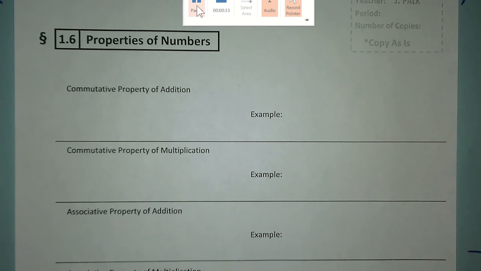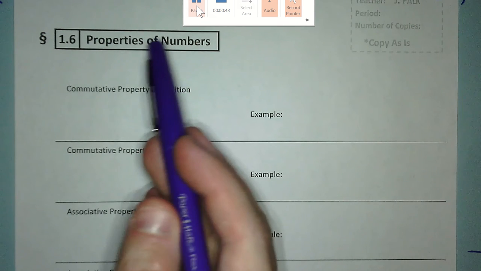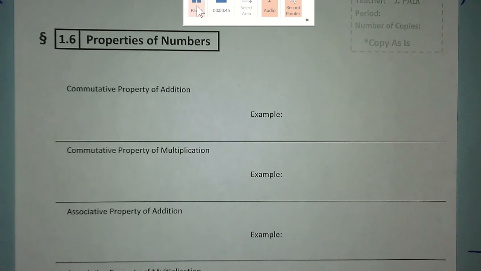So addition and subtraction kind of go hand in hand, and multiplication and division are essentially the same also, especially when it comes to flat out properties of numbers. We don't need to talk about subtraction if we're talking about addition, and same with division and multiplication.